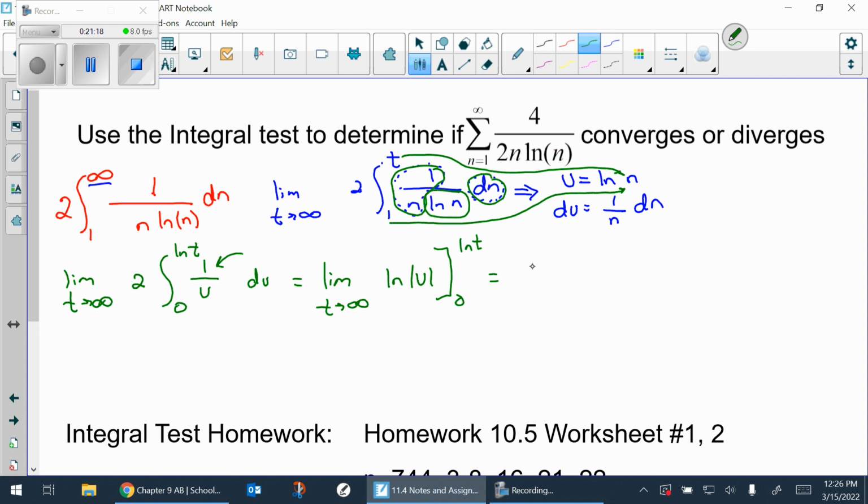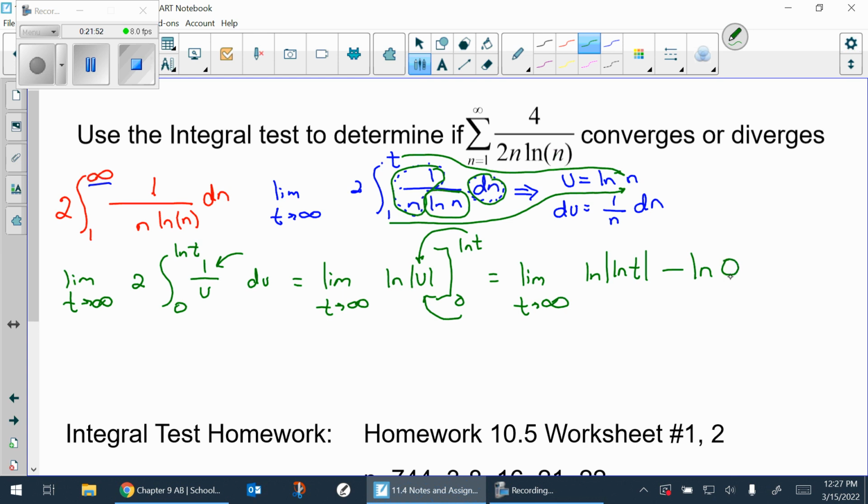And so this is going to be equal to the limit as t gets huge of the natural log of the natural log of t, which is a positive term, so I really didn't need those absolute value symbols, minus natural log of 0.